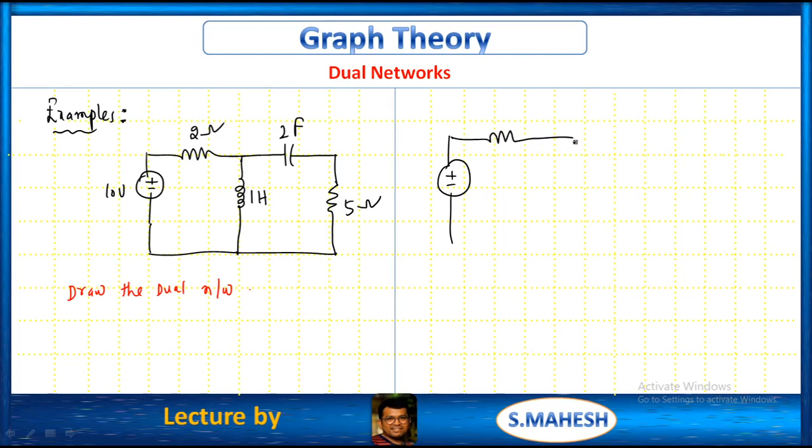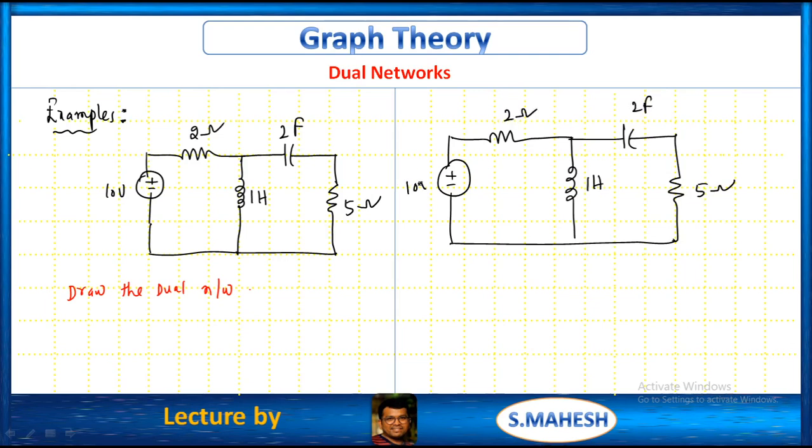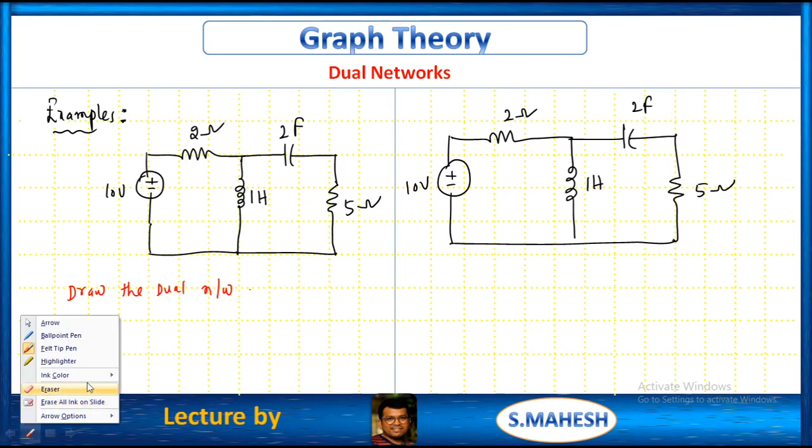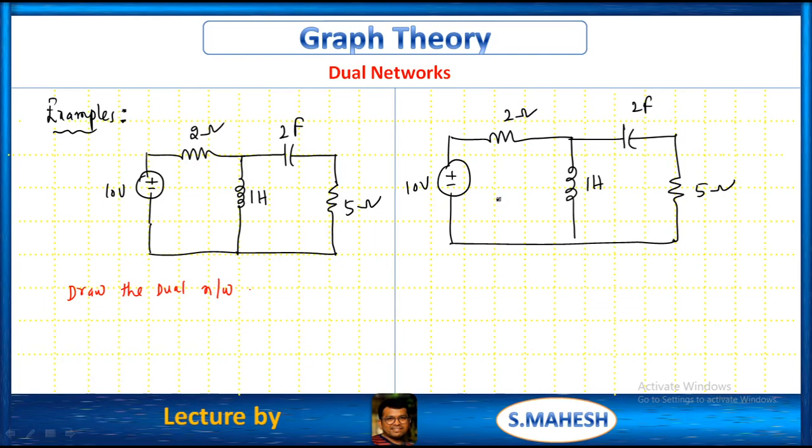We have a resistive branch, we have an inductive branch, again a capacitive branch, and a 5 ohm branch. This is 2 farad, this is 1 Henry, this is the 2 ohm branch, this is the 10 volts branch. First point is what? Put a dot. So in this I have a dot. In this I have two meshes, right? Therefore in each mesh I have a dot.